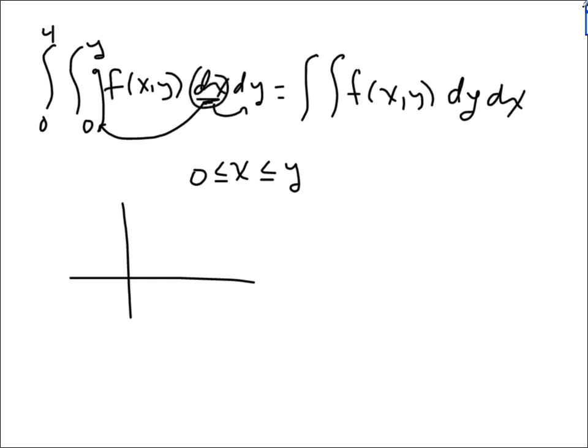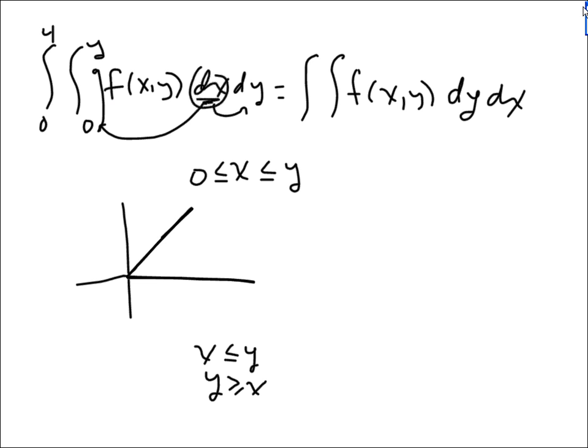Well, here's x equals 0, and here is, say, x equals y. But x is always bigger than 0. That really puts us in quadrant 1. Now, x is less than y. That means y is bigger than x.